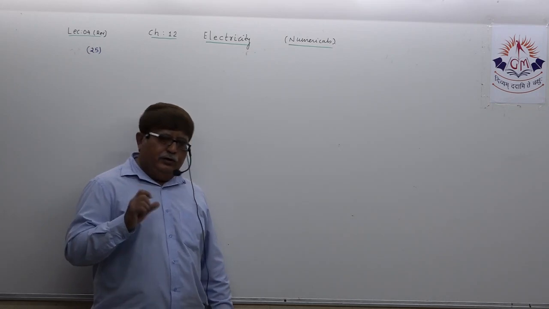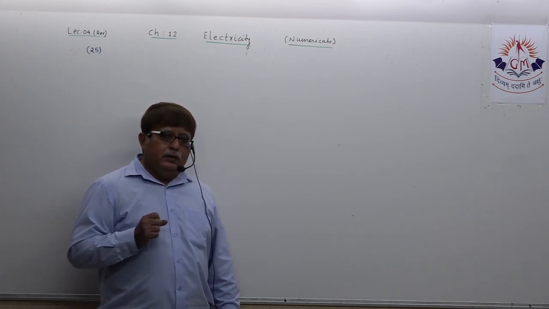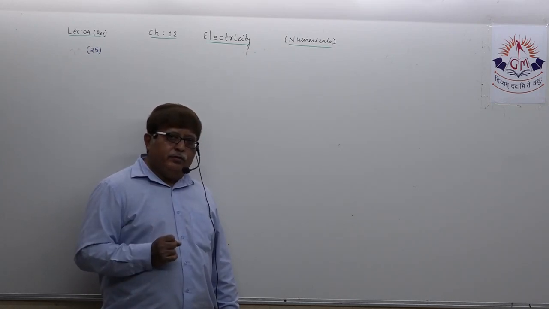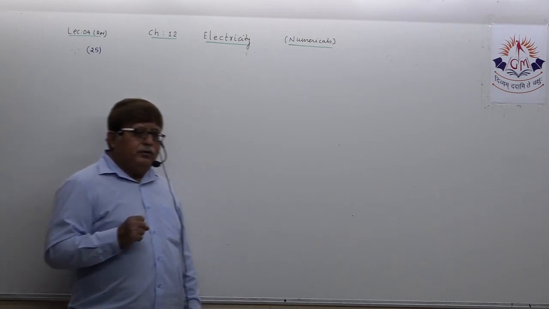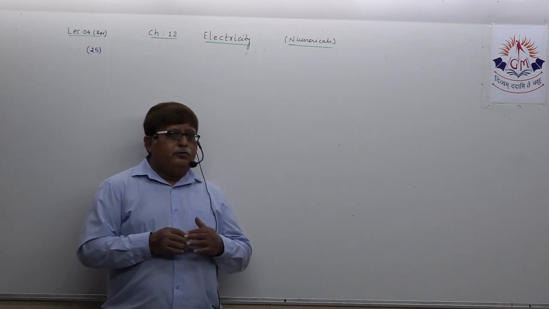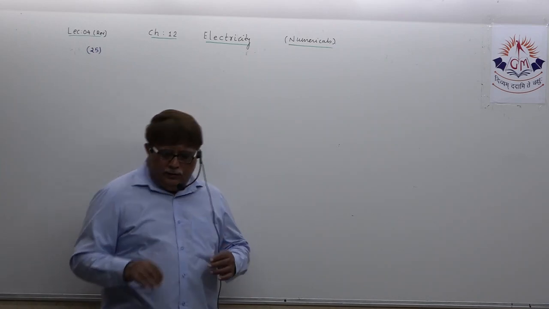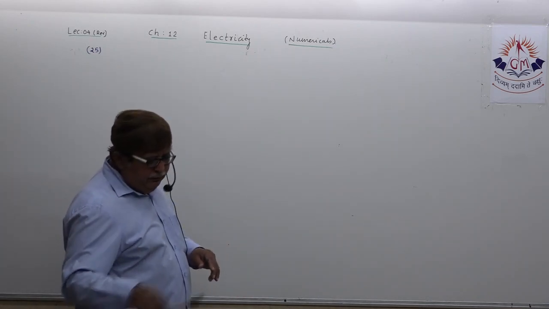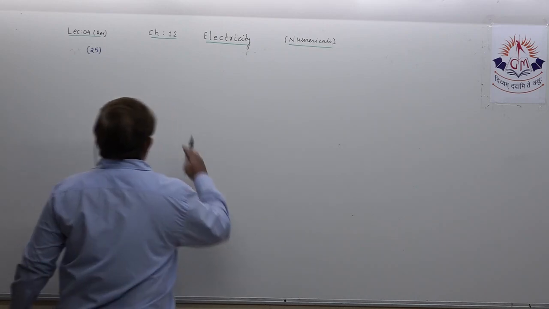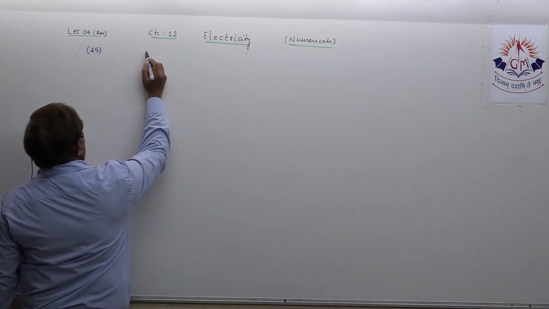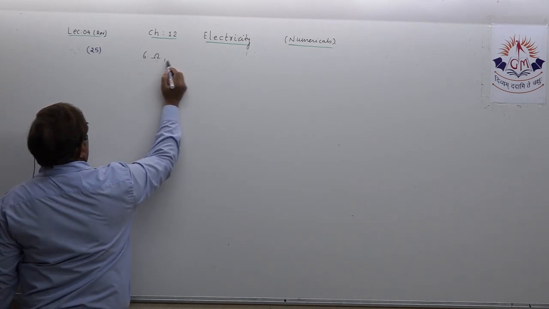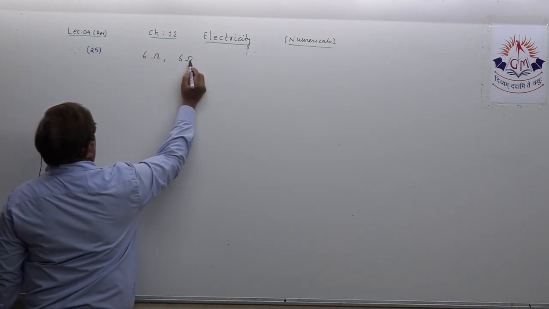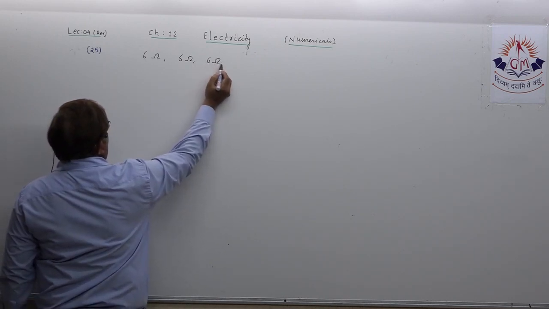This question itself is an analysis of the fact. Remember, I just want to give some clue points to you. You have three resistors. See, let me just show you. Three resistors of 6 ohm.